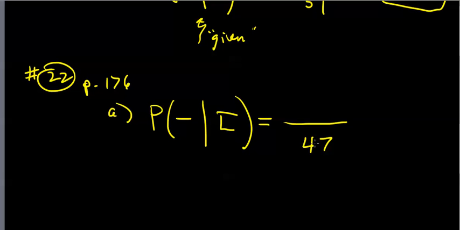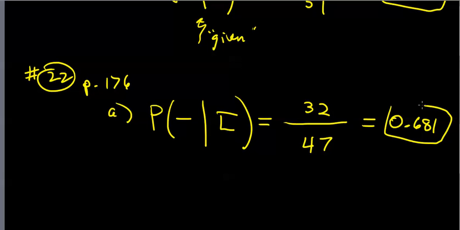That's going to be 47. And how many of those non-liars received a negative test result? Well, it's going to be that 32, right? That 32 cell. If I punch this out, 32 over 47 is 0.681. Okay?